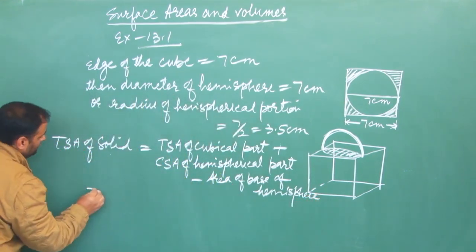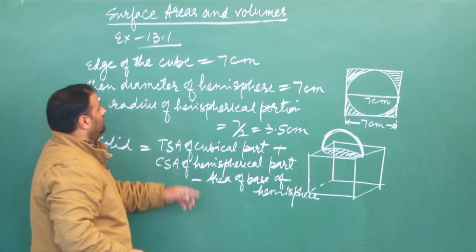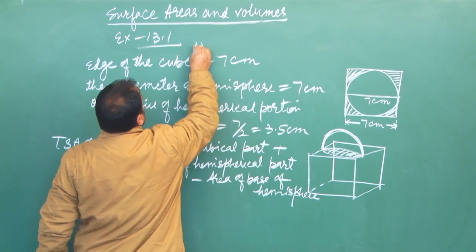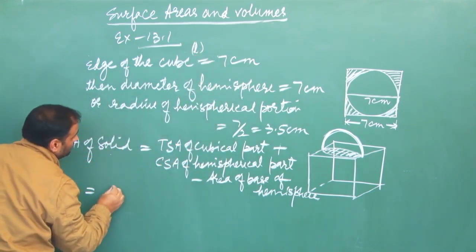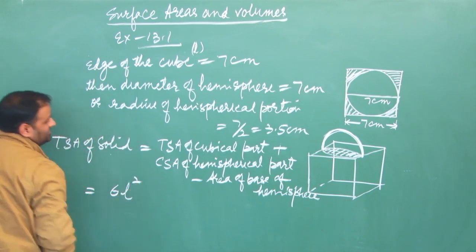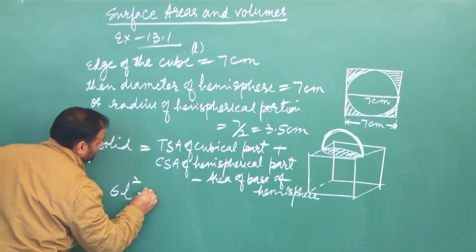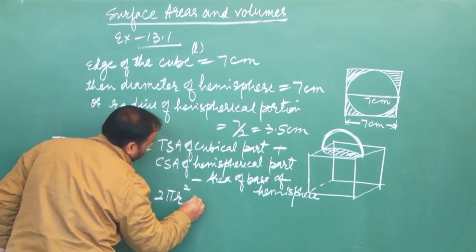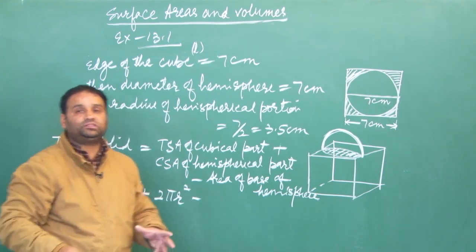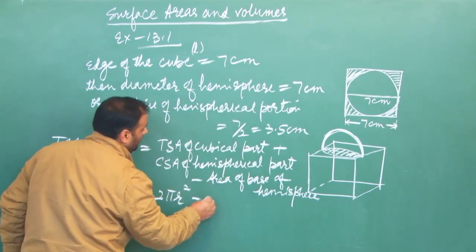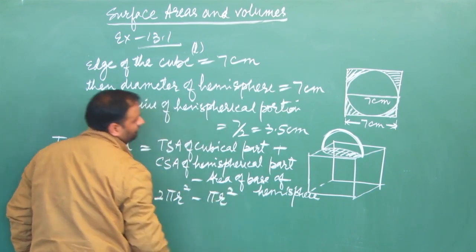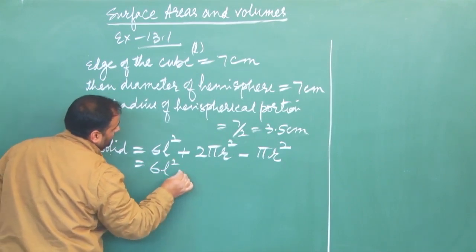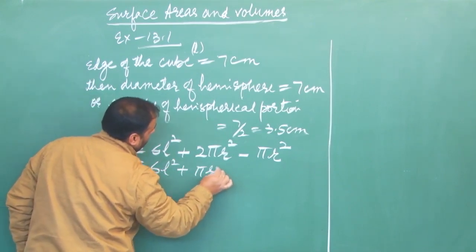So, to sum up, if we denote the edge of the cube by L, the total surface area of the cubical part is 6L square. The curved surface area of the hemisphere part is 2 pi r square minus the area of the base of the hemisphere, which is circular, and the area of a circle is pi r square. And this all becomes 6L square plus pi r square.